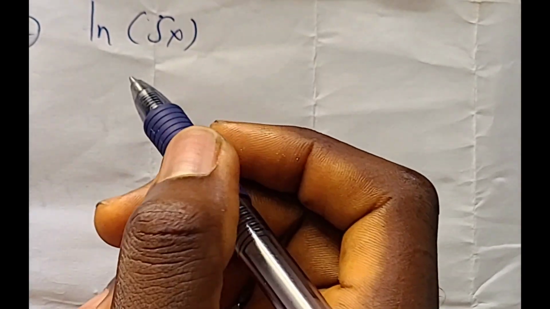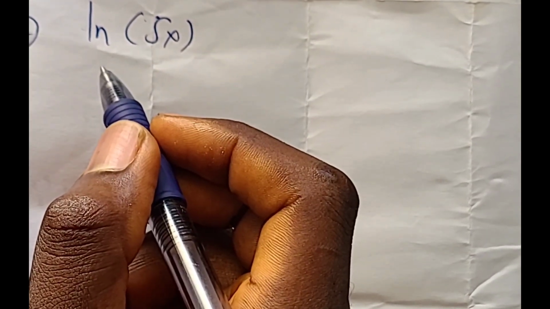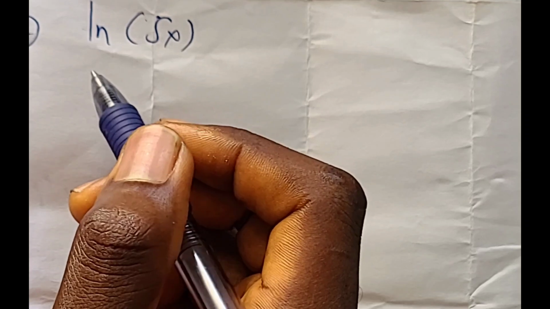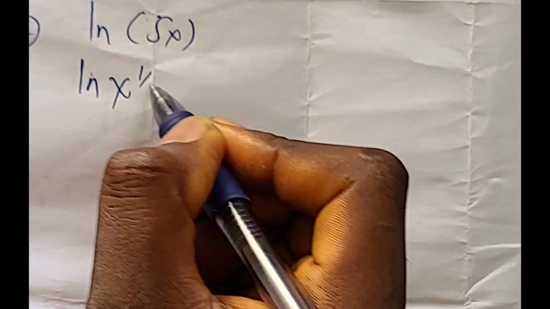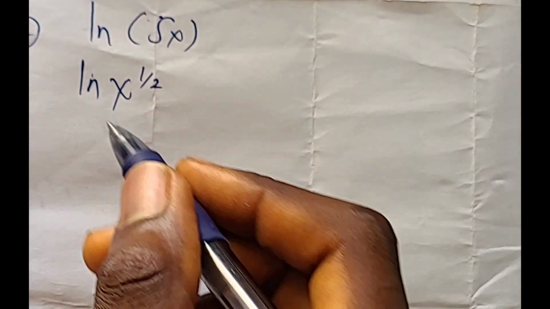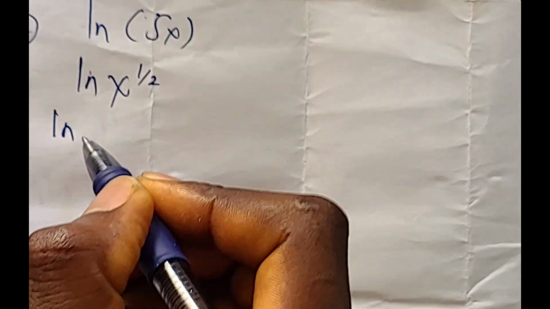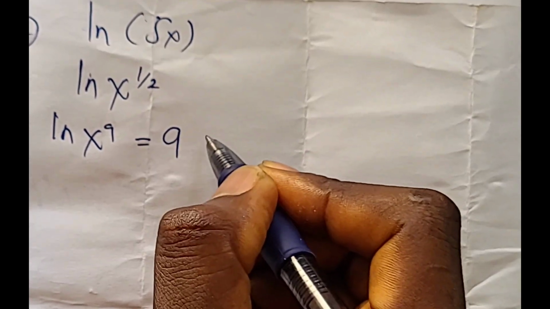For number 7, we have ln of square root of x. It's still the same natural logarithm. You have to change it to indices, ln x to the power half, right? The same rule still applies: ln x raised to power a is also a ln x.